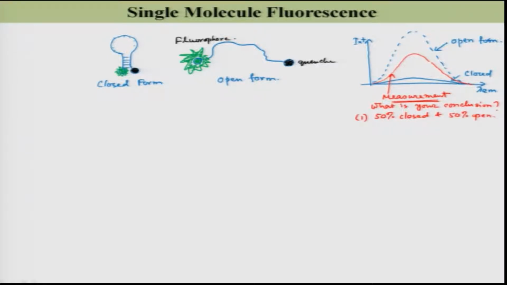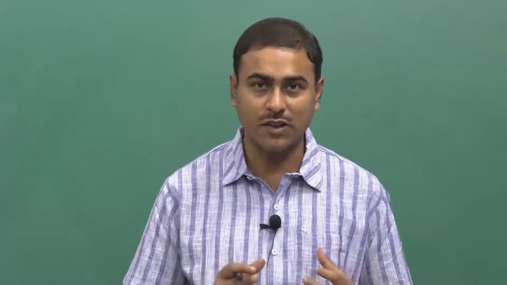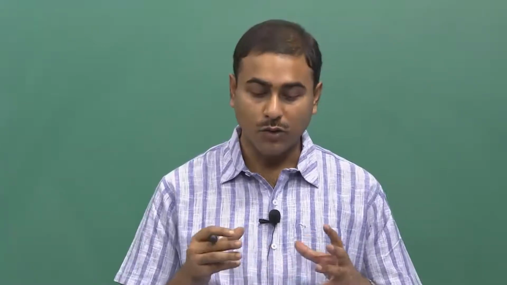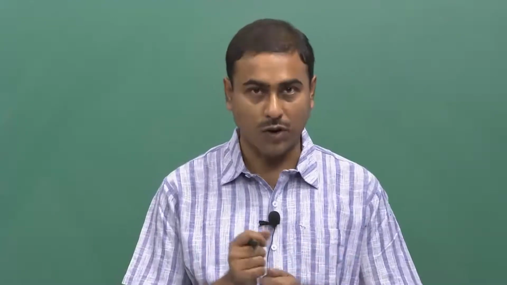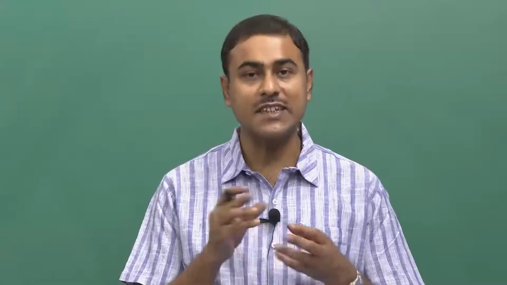But there could be another situation, because you are doing this experiment in a different solvent. In that particular solvent it is also possible that all of them are having a particular form which is neither the open form nor the closed form, it is intermediate.